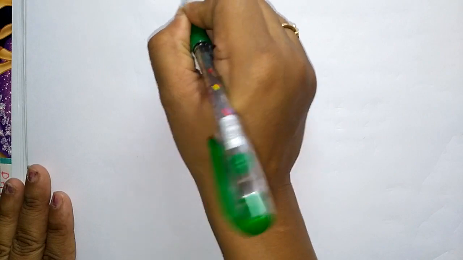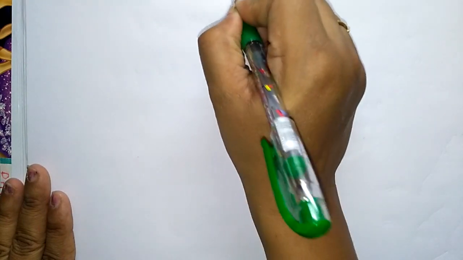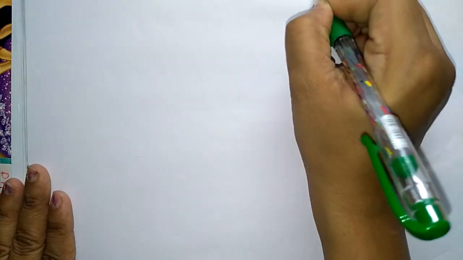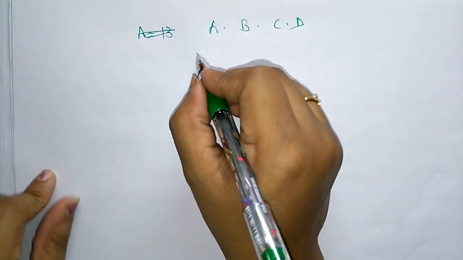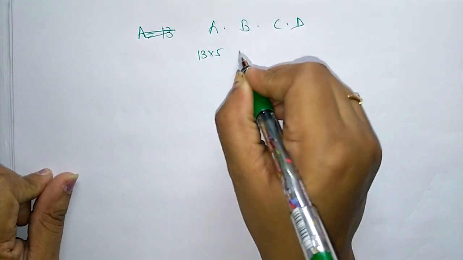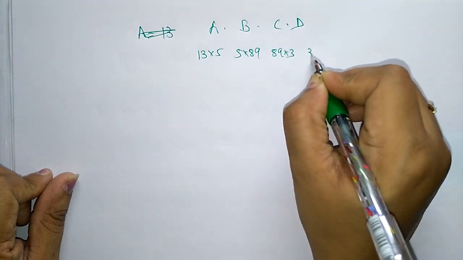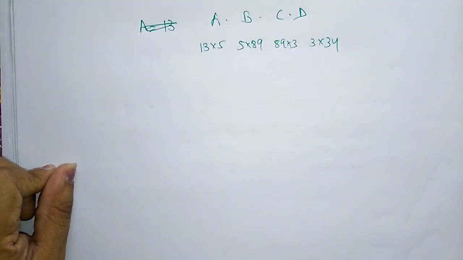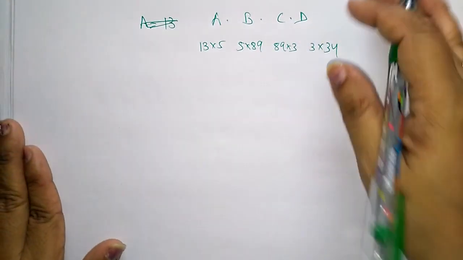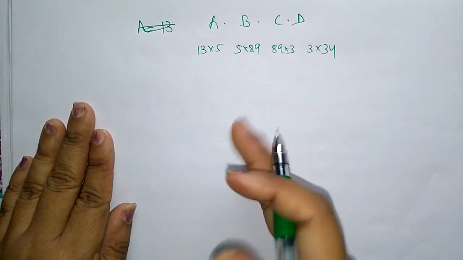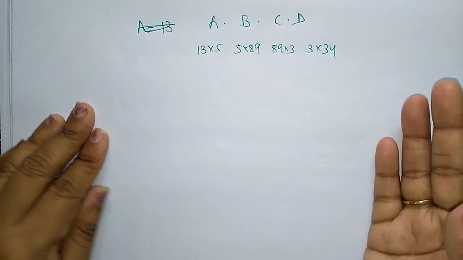So let me take the general calculation for this. A is 13 by 5, B is 5 by 89, C is 89 by 3 and D is 3 by 34. Let me take A dot B dot C dot D. First, let me show you how we get different values for different ways of multiplication.